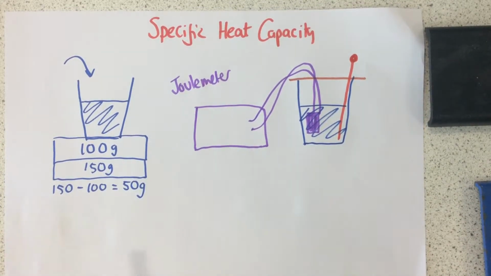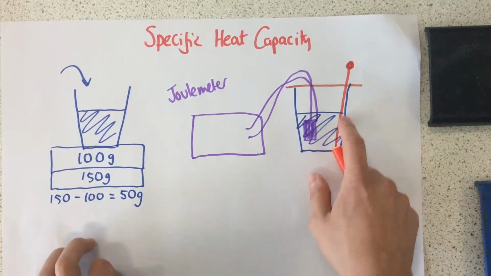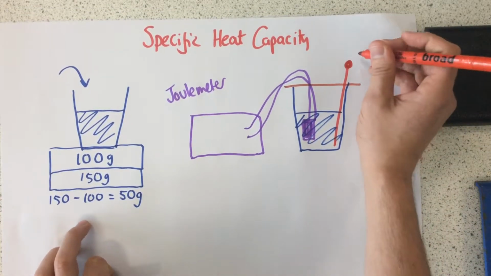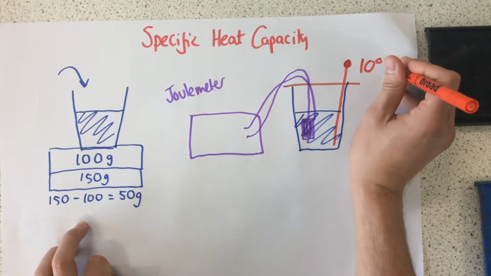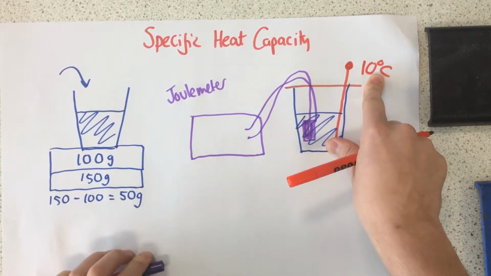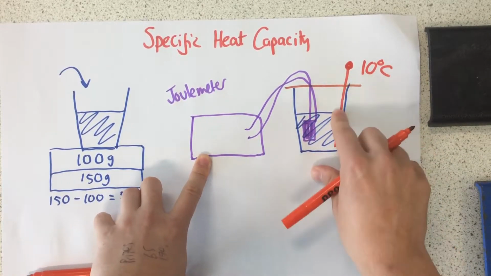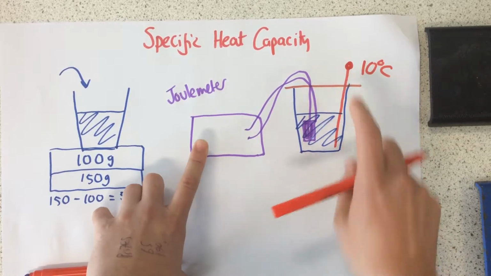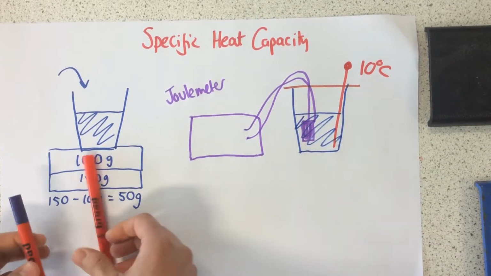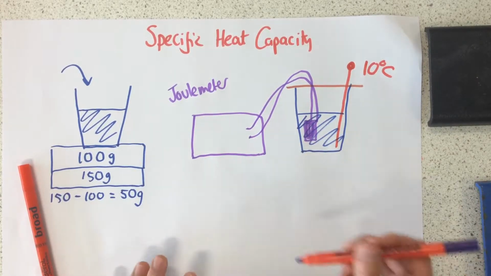So, for my experiment, I need to pick a sensible temperature rise to look at. So let's say 10 degrees Celsius would be a sensible temperature change. So I allow my temperature to change by 10 degrees Celsius, and then on my Joule Meter I read how many joules it's taken in order to raise that by 10 degrees Celsius.